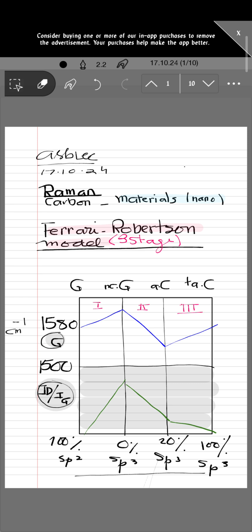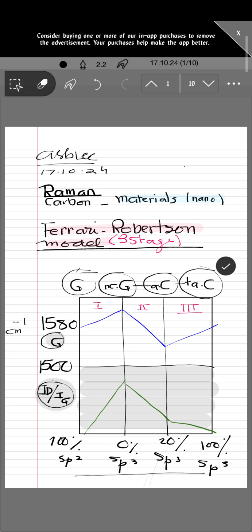Here, G stands for graphite. We assume that from graphite, the crystallite size reduces and forms nanocrystalline graphite, and then it further reduces to form amorphous carbon, and then again there is a change in structure to form tetrahedral amorphous carbon.